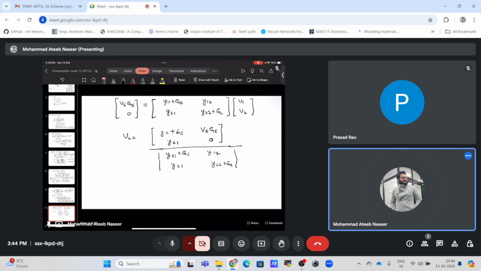So V2 is simply minus Y21 GS times VS divided by Y11 plus GS times Y22 plus GL minus Y21 Y12.